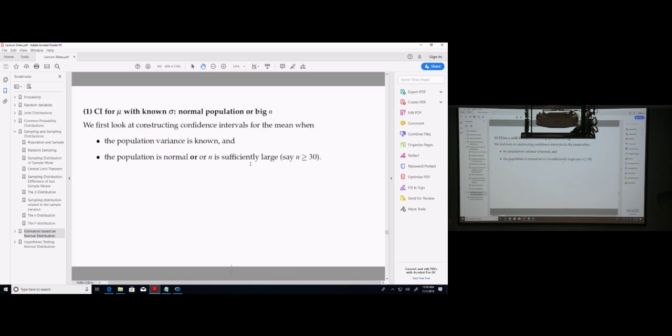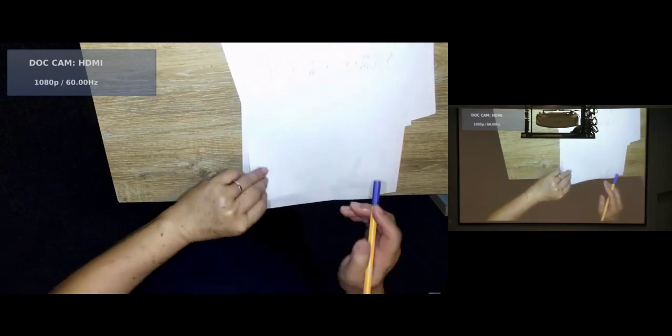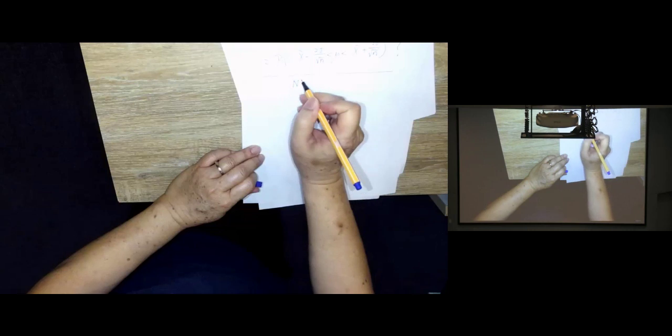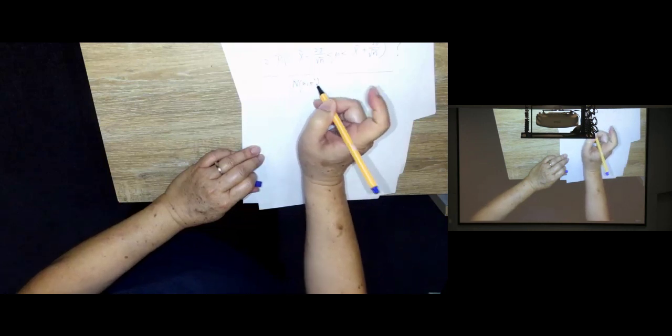So we are dealing with the normal distribution most of the time.